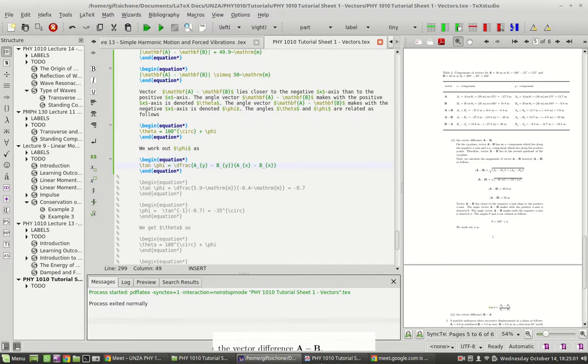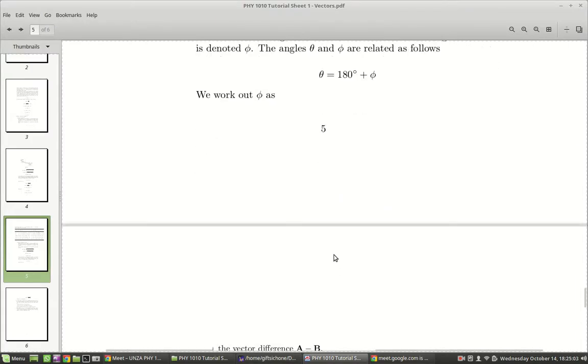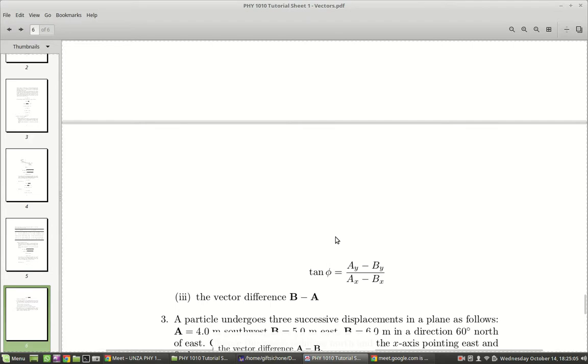But in this case, because we are in the second quadrant, we cannot have a theta greater than 180. As you are going to see from our calculation, our angle phi is going to be negative. Then that negative angle plus 180 is going to give us an angle which is less than 180 but greater than 90 degrees. Is that clear? Yes. Okay, you're going to see the result very soon.